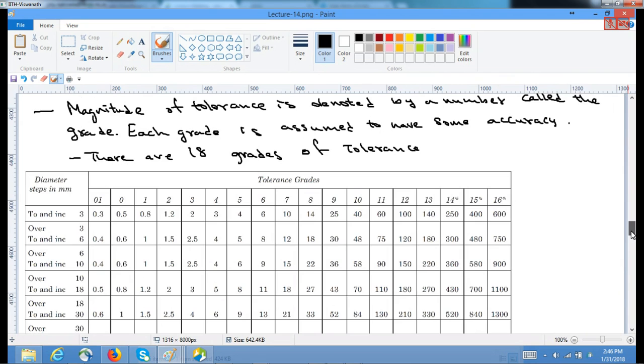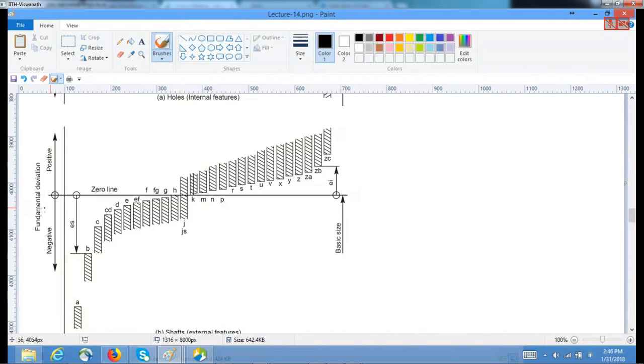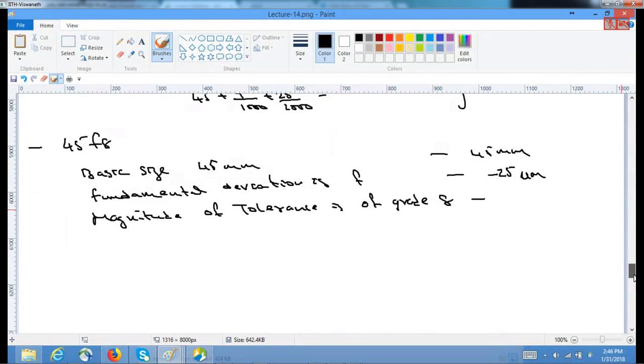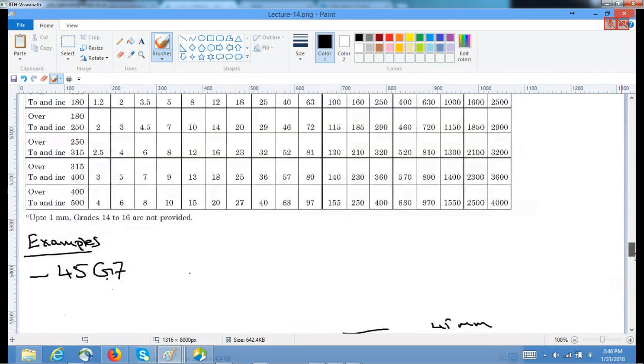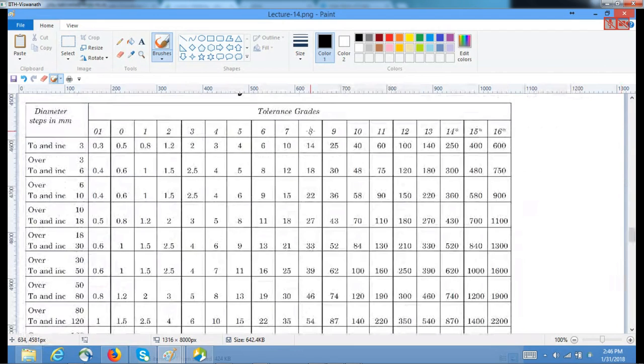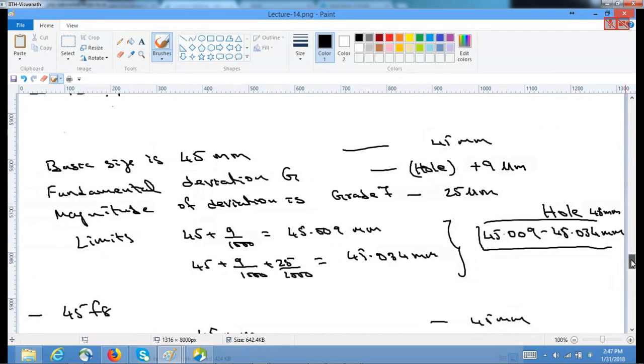I will provide you the table at a later point of time. And the grade 8 for over 30 to 50, because our 45 lies here, is around 39 micrometers.